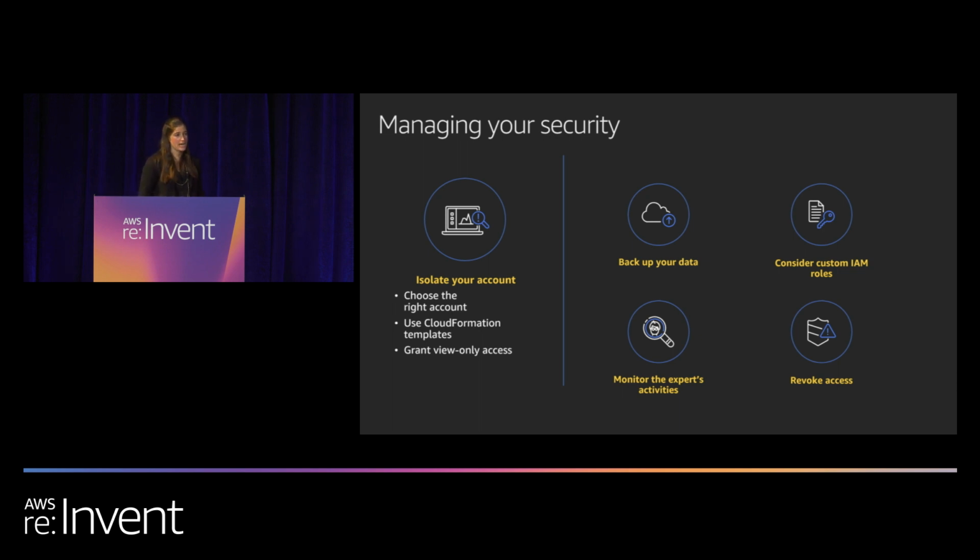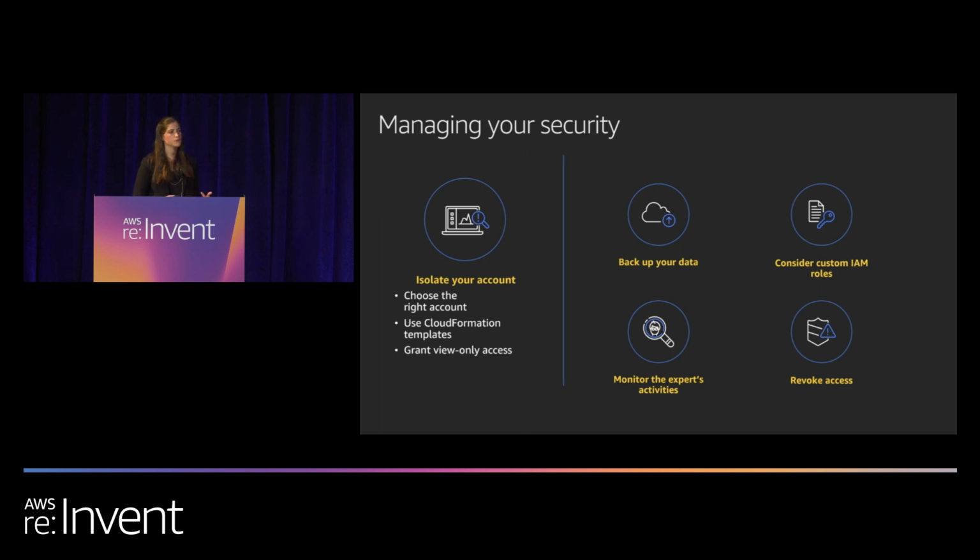But there'll be many times when you really do need to grant access to your account. So a few things to keep in mind. First, we always recommend that you back up your data in general, but particularly before you're granting access to a third party. Second, you can consider granting custom IAM roles.